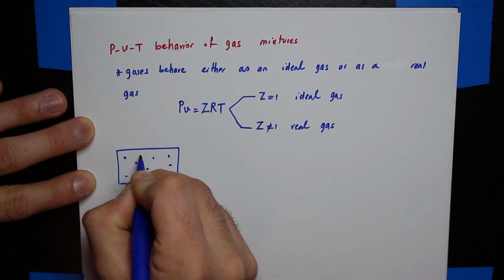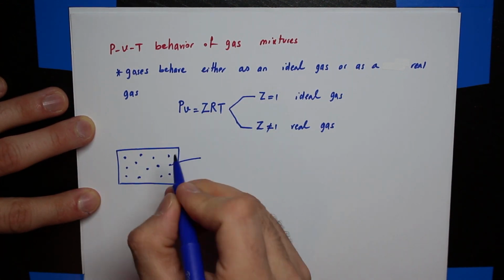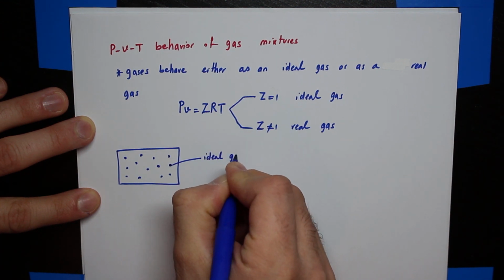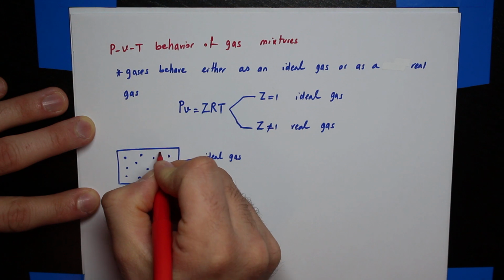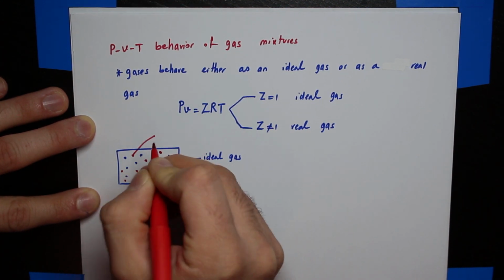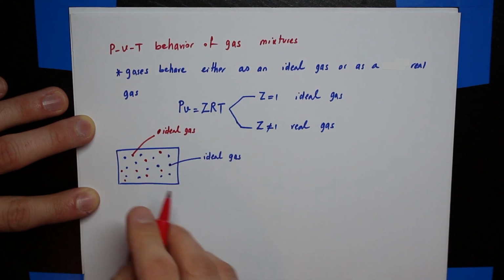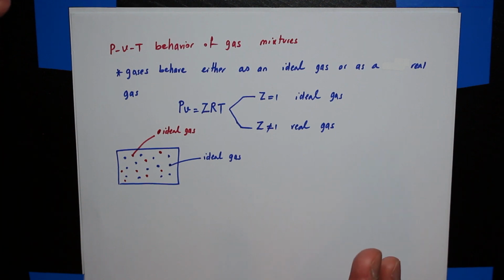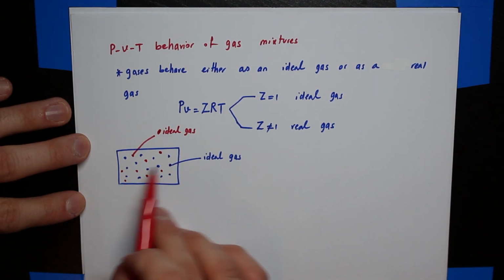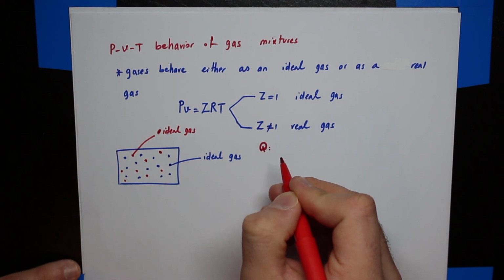For the sake of simplicity, I just do two components. Let's say I have the blue component, which is behaving as an ideal gas. And also I have the red component, another gas, which is also behaving as an ideal gas. So each of those two components is behaving as an ideal gas separately. Now the question is, what about the mixture? Does the mixture behave as an ideal gas?